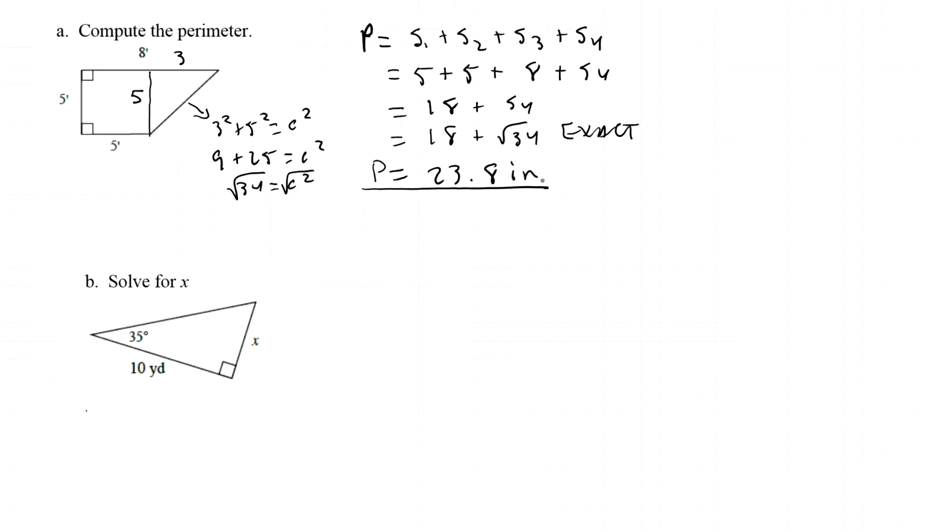The next problem, they want us to solve for x here. So when I see this is 10, this angle here is 35 degrees, I have the opposite side and then I have the adjacent side, and so I think of SOHCAHTOA. So I know that the tangent of 35 is equal to x over 10, and then I can multiply, and so I get 10 times the tangent of 35 equals x.